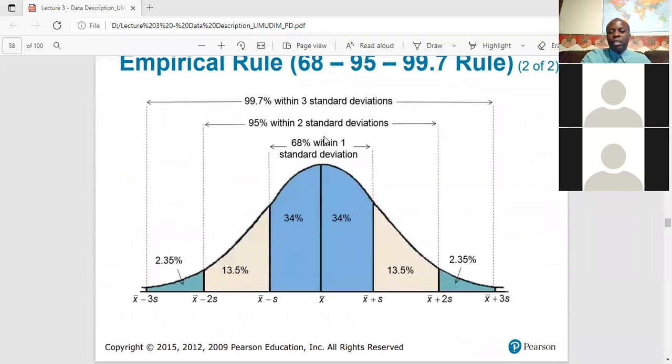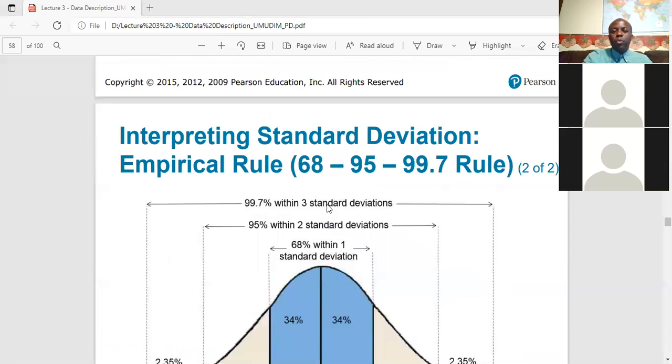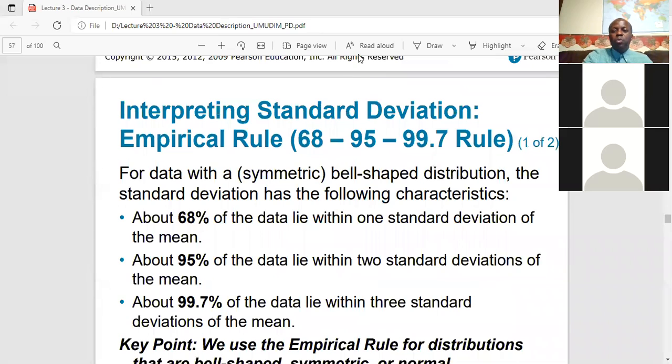The center, the mean, is the same on the right side as on the left side. So we call it symmetric or normal or bell-shaped distribution. So that is where we use the empirical rule, which means that if the distribution is not bell-shaped, or it is not mentioned that this is from normal or symmetric, you cannot use the empirical rule.